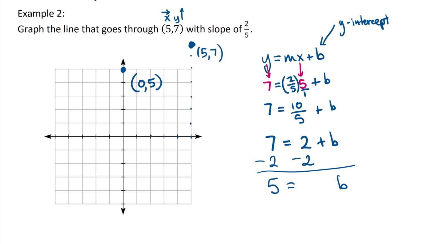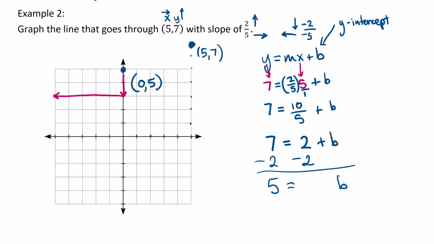Now I have to look at this 2/5. Remember that up and to the right, rise over run, is equivalent to down and to the left. So if I count up and to the right, I can also count down and to the left the same amount. So I can say -2 over -5 is equivalent. So I'm going to count from the y-intercept down 2 and to the left 5.